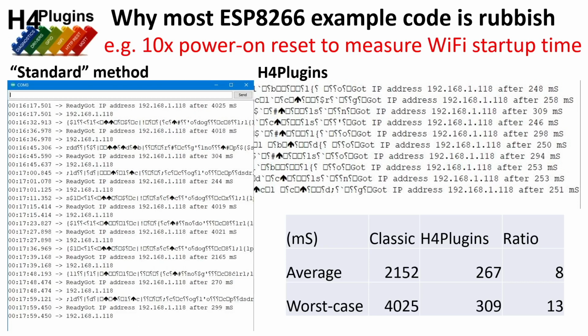Really? It's got a lot of problems with it. It doesn't reconnect, and it's 8 times slower. In what world is there anything okay about that? In the worst case scenario, 4 seconds to connect, 0.3 of a second with H4 plugins, 13 times faster.